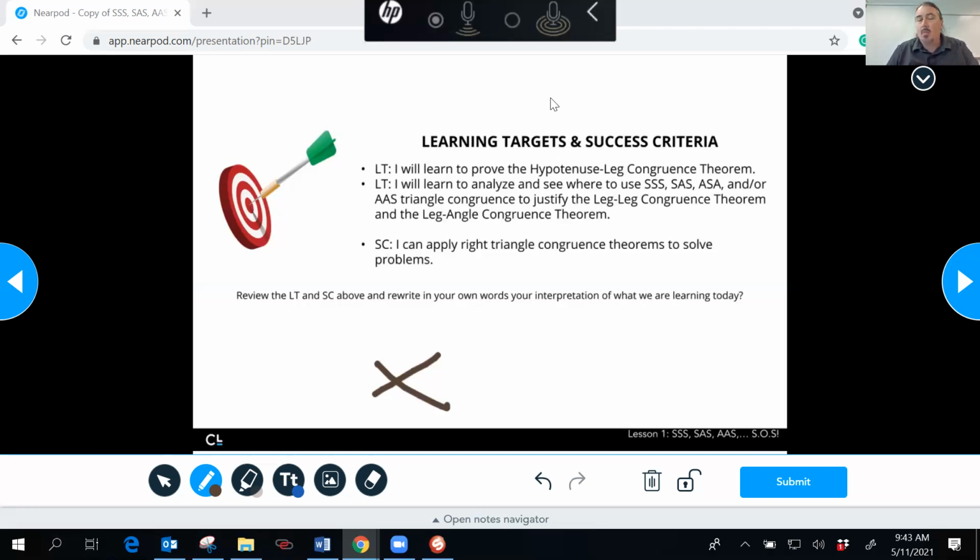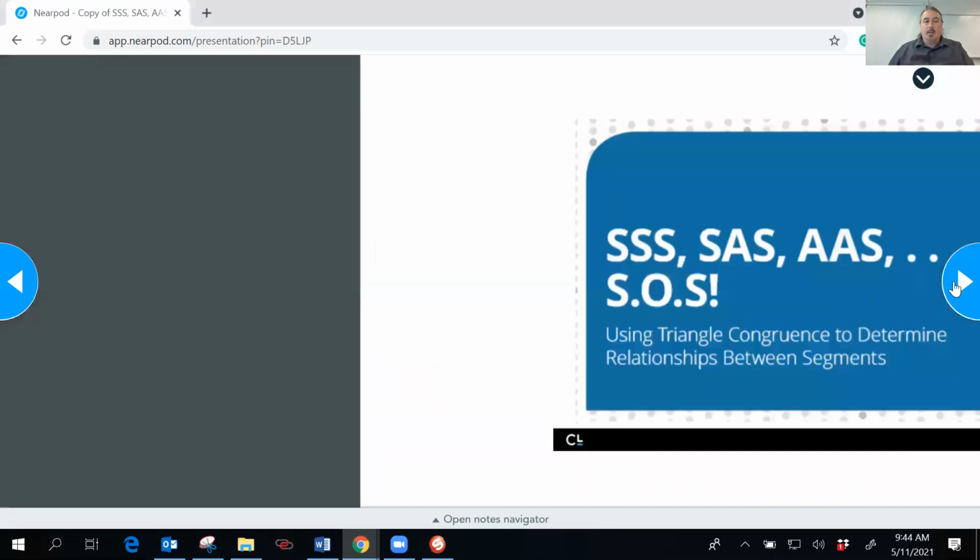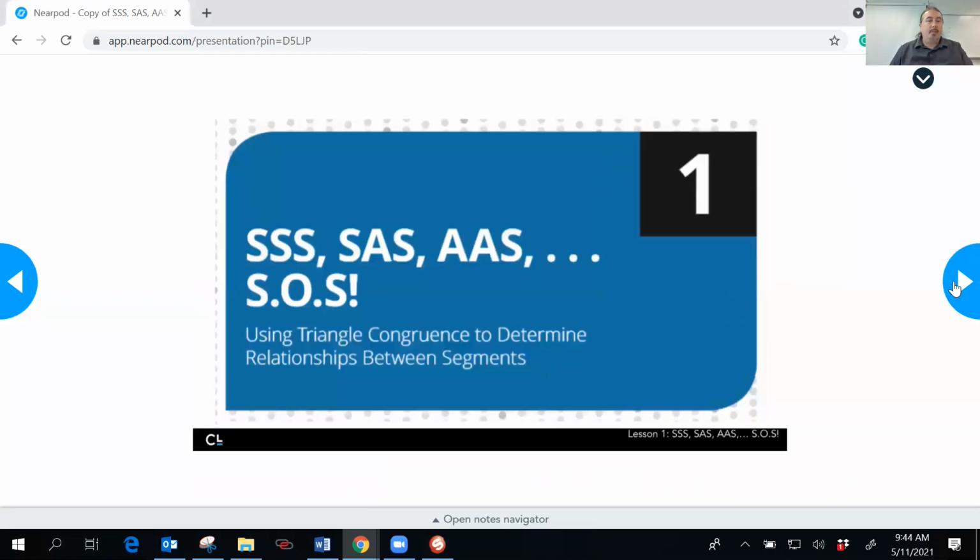So we're going to dig into right triangle congruency theorems. I'm going to show why they work. It's just one of many congruency theorems that we're going to use this quarter, and let's go forward. If you're following along in your book, flip to this chapter: side, side, side, side, angle, angle, side, SOS.